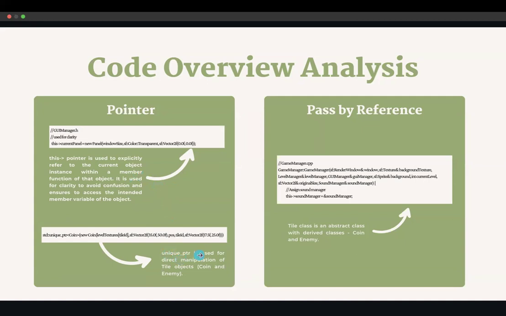We also use the smart pointer unique_ptr, which is used for direct manipulation of the object. For pass by reference, since the class is an abstract class with coin and enemy, we pass it by reference.